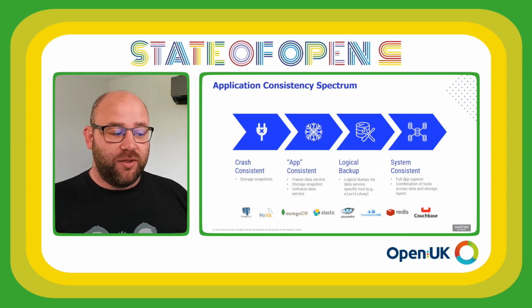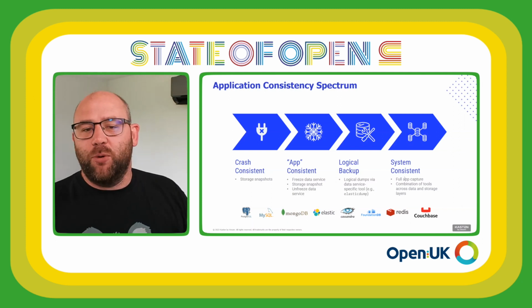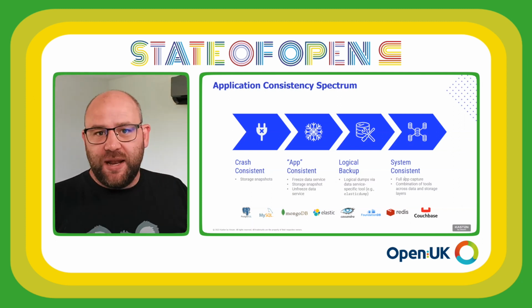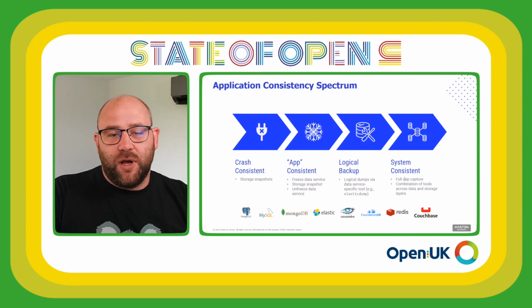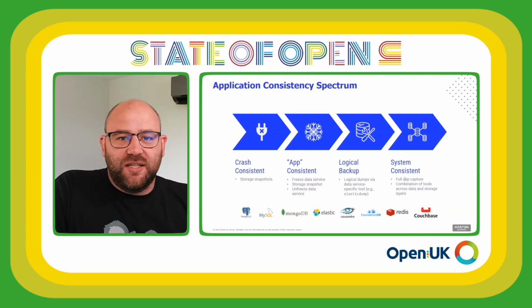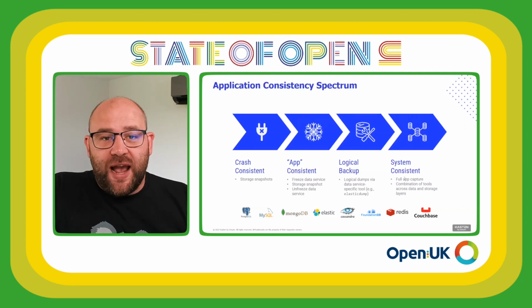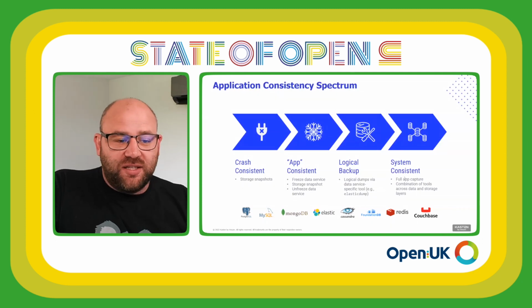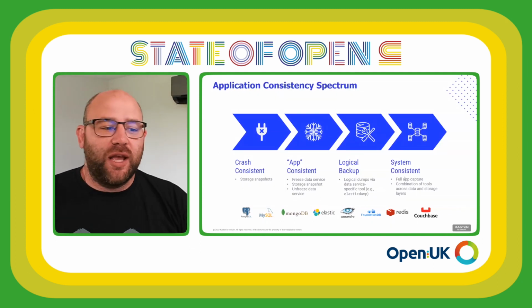So things like Elastic Dump is the example there. I use MySQL dump or PG dump as well, and then Mongo have something similar. A lot of the database options have some sort of native tool set that allows us to do this, and this is just going to allow us to orchestrate a full copy of that database or the databases on that server or on that container to be moved out to a different location.